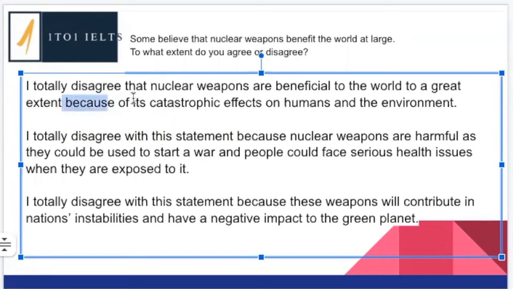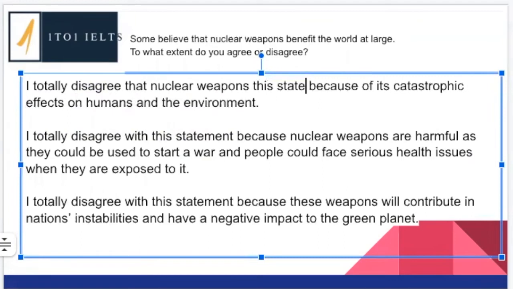So here, once again, just to avoid us being repetitive, the reason I'm saying it's repetitive is because once we've written our paraphrase, we've already said this in the sentence before. So simply this thing, because of its catastrophic effects. So our subject here, what we're referring to, is nuclear weapons.